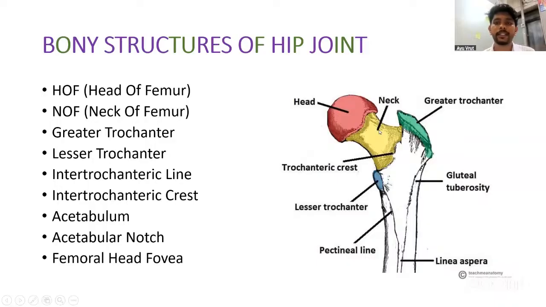The most common point of fracture is the neck of the femur. This is the greater trochanter, this is the lesser trochanter, the tuberosity, pectineal line, linea aspera. We'll discuss everything in detail in our upcoming slides.